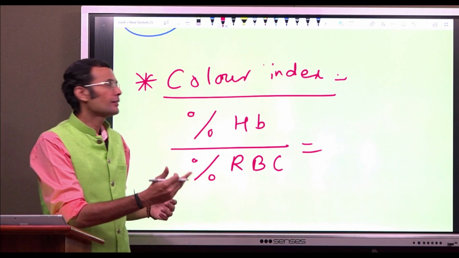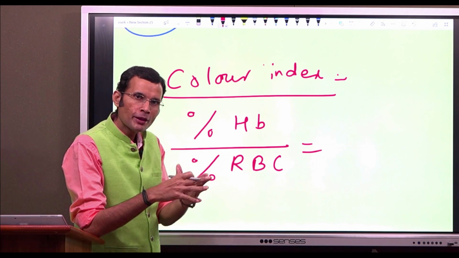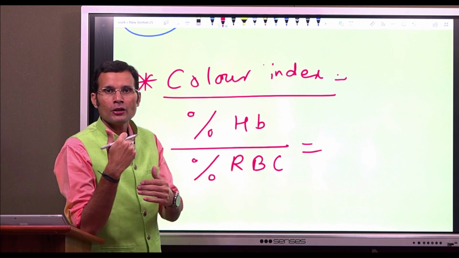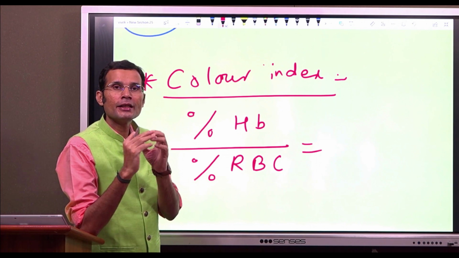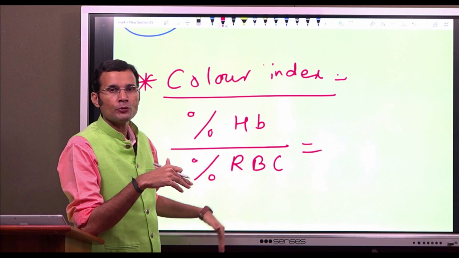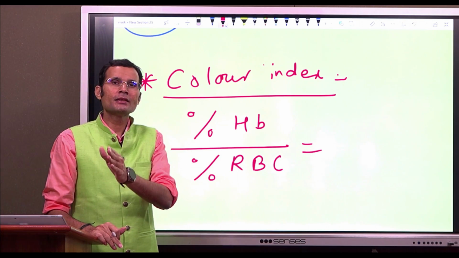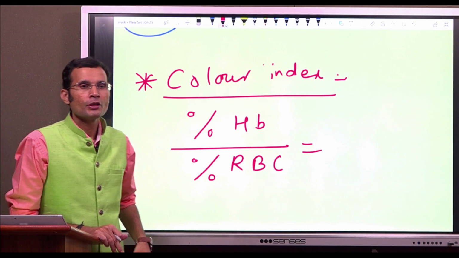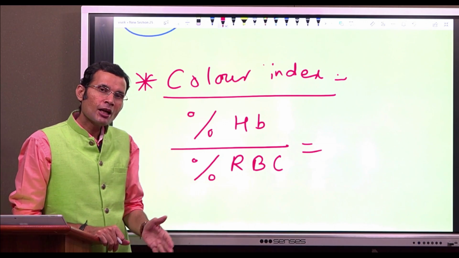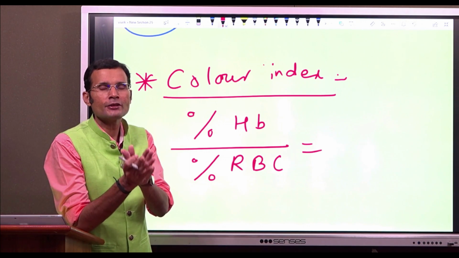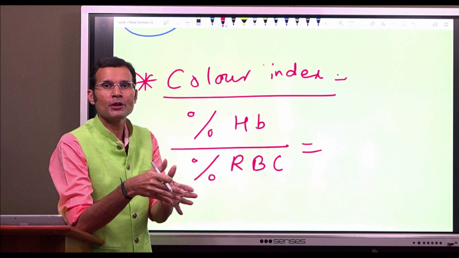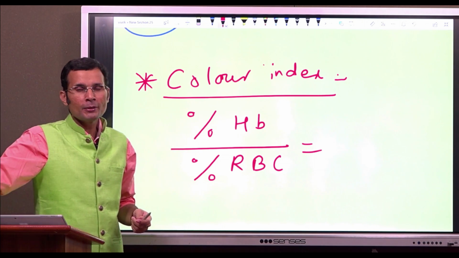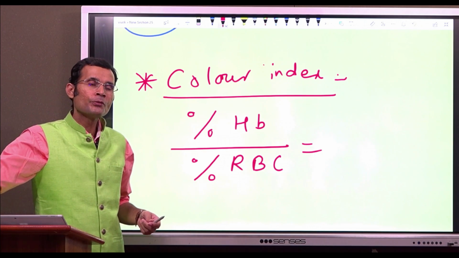So we will first see the hemoglobin estimation and RBC count in a patient, and then calculate how much that hemoglobin and that RBC count is in terms of percentage. Well, an RBC count of 5 millions per cubic millimeter is taken as 100% RBC count.